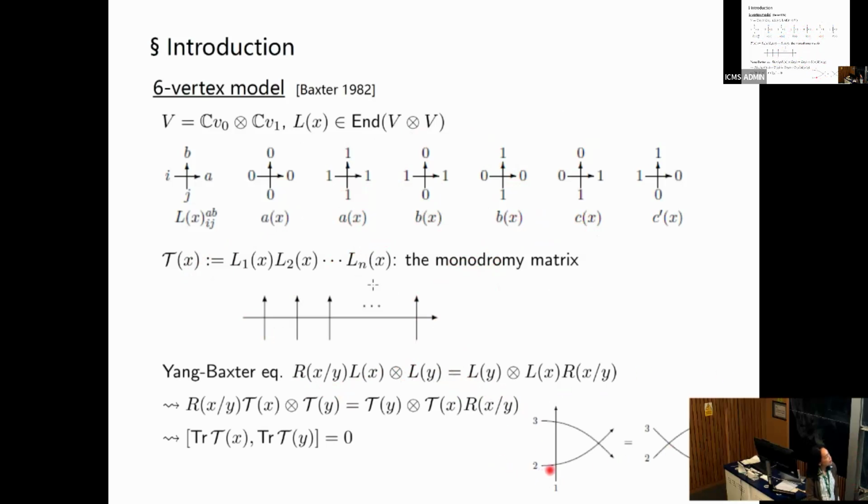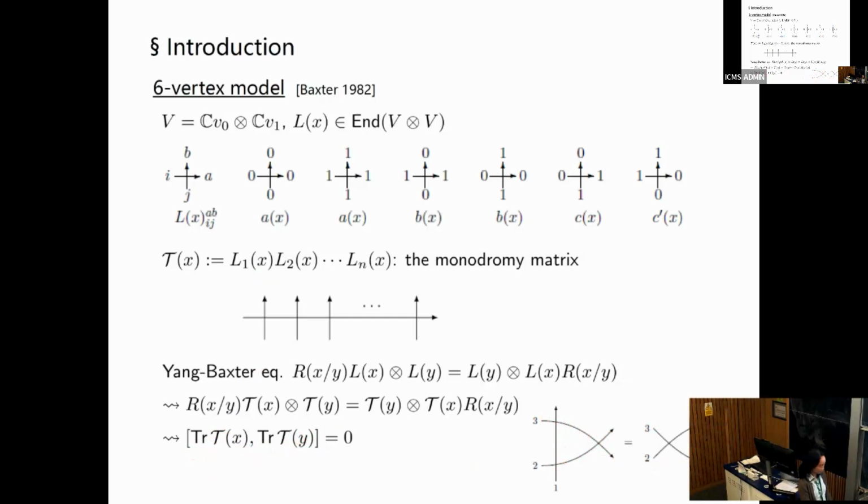Say Lx lives here, Ly lives here, and we have R here. By moving this R from right to left like this, these two vertices are interchanged, and this gives a commuting transfer matrix by taking a trace of this monodromy matrix. This is the essence of the integrability for the ordinary six vertex model.